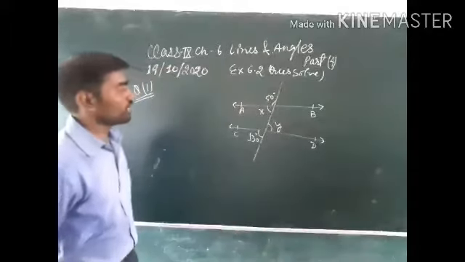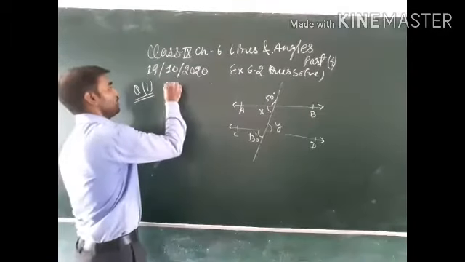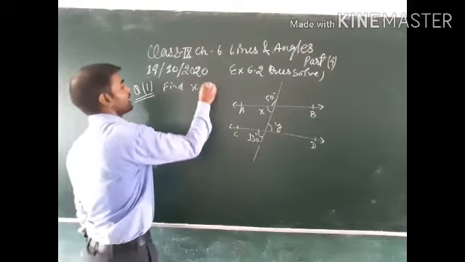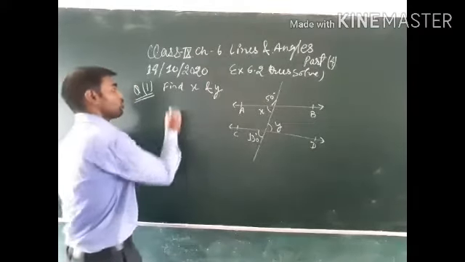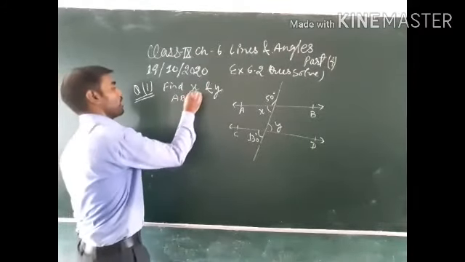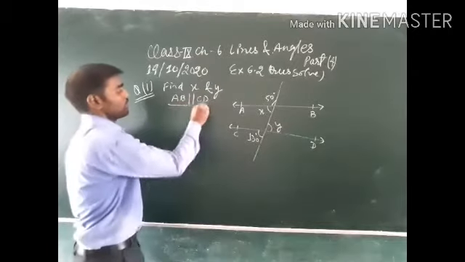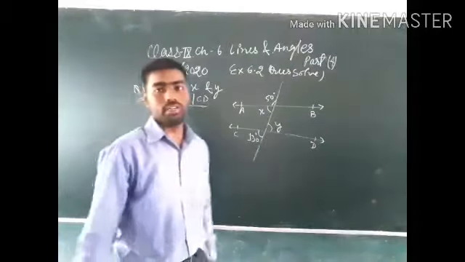So first of all, you find the value of x and y so that AB is parallel to CD.